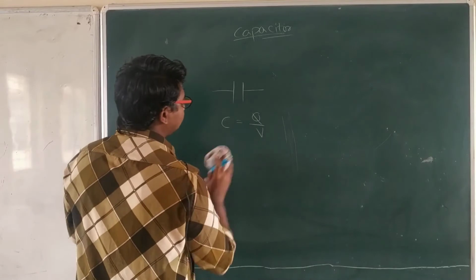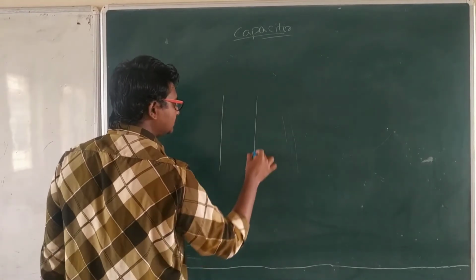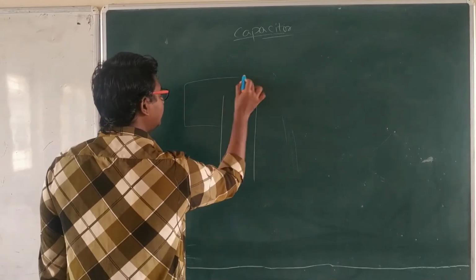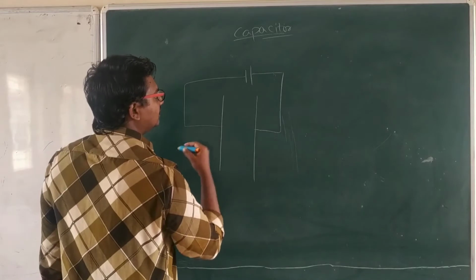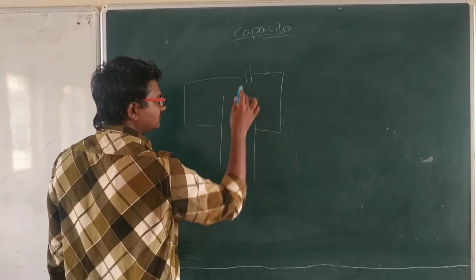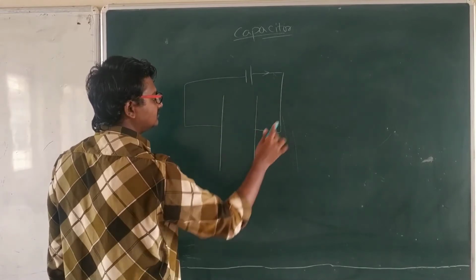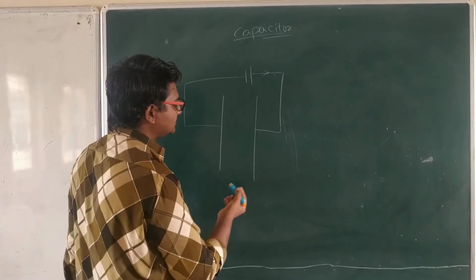How did this come? Let's see now. Let's consider two plates like this, and we have connected these two plates to a battery in this manner. As the current is moving in this direction, this is a circuit diagram. You can understand more about circuits in future classes.